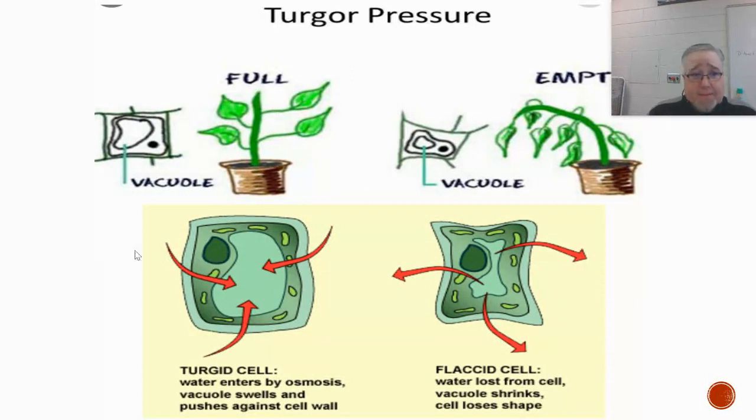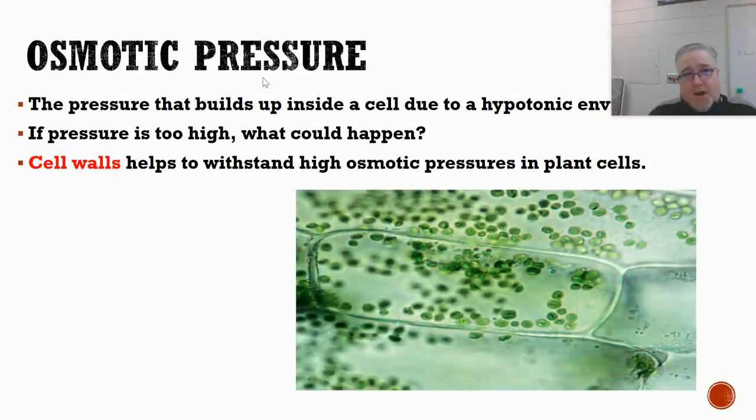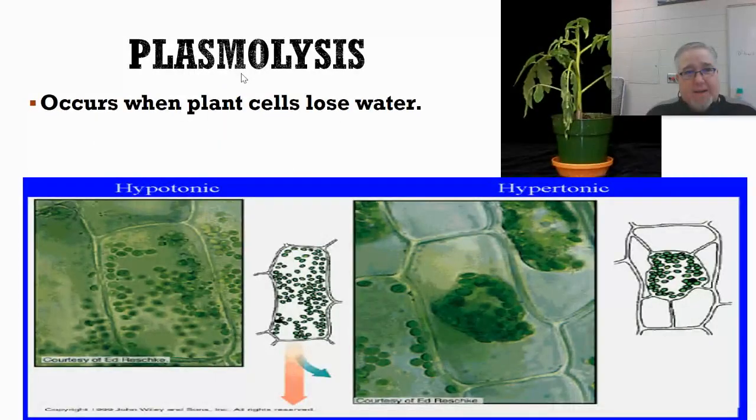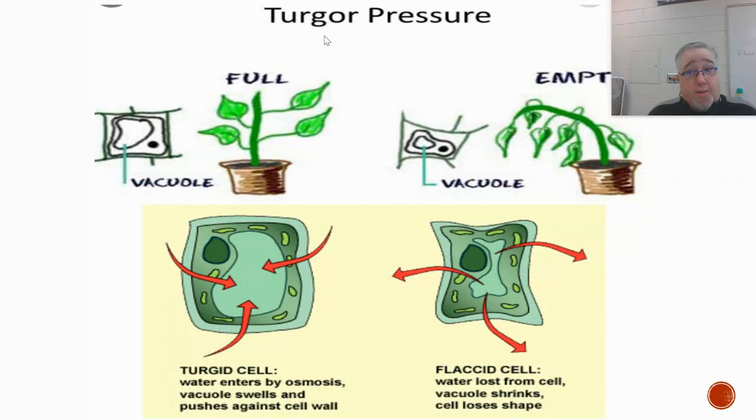So, in a plant cell, when plant cells swell, like when their vacuoles get filled with water, that's what's happening. We call that a turgid cell. We call this turgor pressure in a plant. I use this word osmotic pressure, but that's a generic term for both plants and animals. In plant cells, we call it turgor pressure.